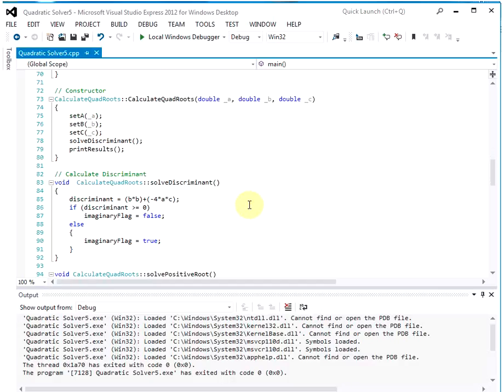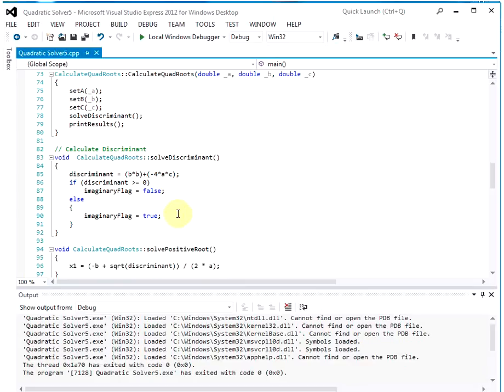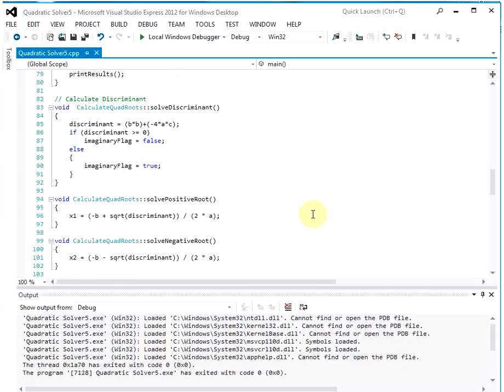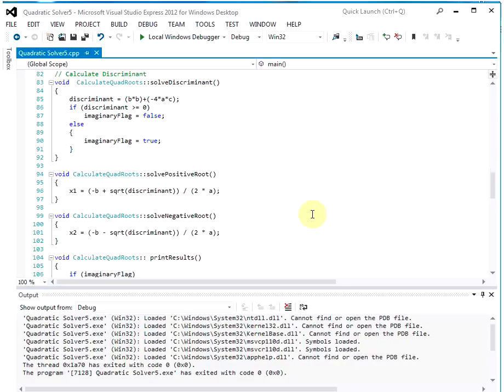Solve discriminant, I calculate the discriminant b squared minus 4ac. I say if it's greater than or equal to 0, it's not imaginary, so I set that flag to false. Otherwise, I set the flag to true. Okay. Then I calculate the roots. I have calculate roots, which is for solve positive root, solve negative root.